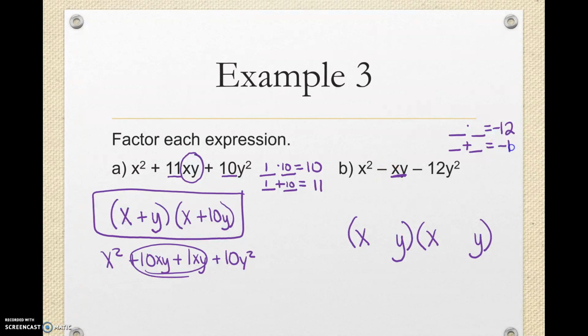Negative 1. Anyone know what those numbers are? 1 times 12, 2 times 6, 3 times 4. There we go. 3 and negative 4. So that means there's a plus 3y and a minus 4y. You just have to stick that y in the second part of the binomial, and then you're good.